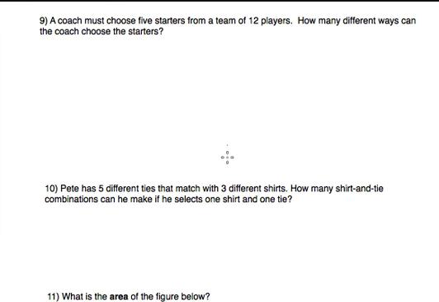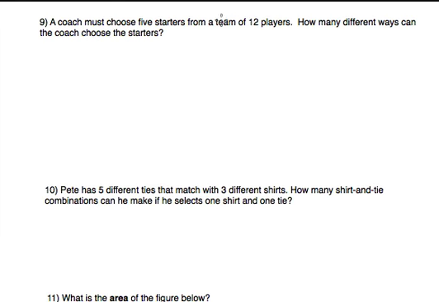Number 9. A coach must choose 5 starters from a team of 12 players. How many different ways can the coach choose the starters? How many starters is the coach choosing? 5. He's choosing a starter, a second, a third, a fourth, and a fifth. How many different permutations? How many choices does he have for the first starter? 12. Then for the second, 11.